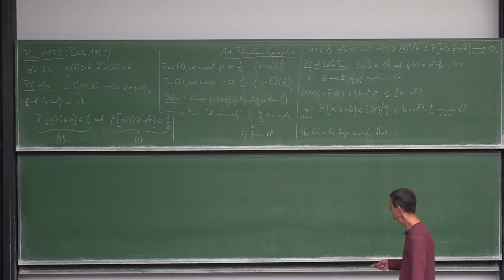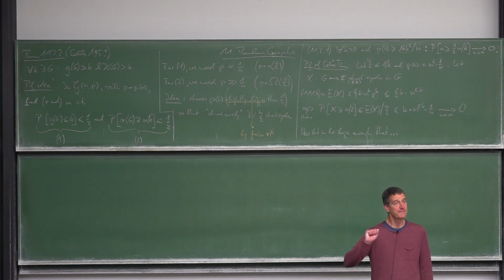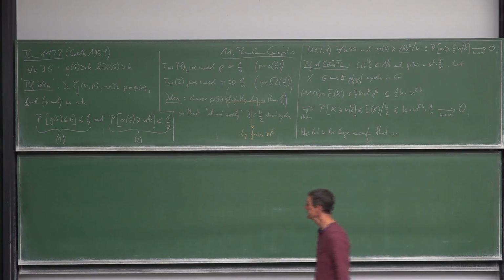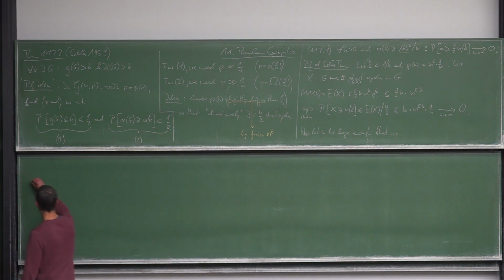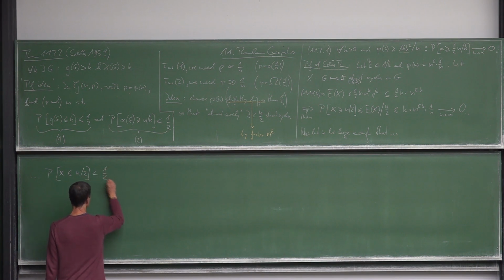Right? We want a graph at the end of the day that has fewer than half n short cycles. So such that the probability that x, the number of short cycles, is at most half n is small.